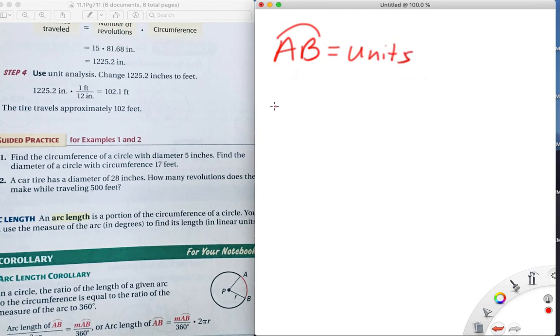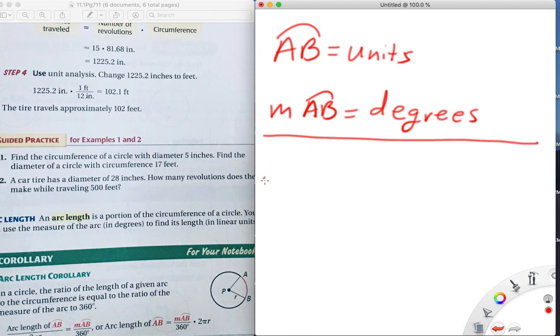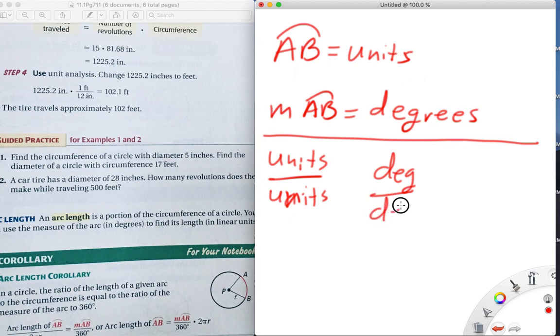And then the book calls the measure of the arc length, we're going to measure that in degrees with the M in front. So when we talk about writing a fraction with these, we're going to do units over units, and degrees over degrees, DEG. Units over units and degrees over degrees.